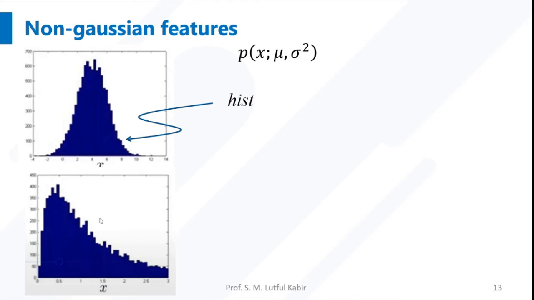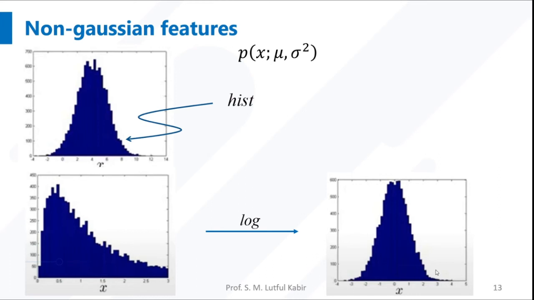But in the latter case, you apply the logarithm of x, and then the histogram will be converted to a bowl shape. If you see the shape, it fits almost like a Gaussian distribution. This is a technique: instead of using x, you can use log x as the feature. So x1 may be the original variable, log x is your converted variable, and you use log x as your feature.